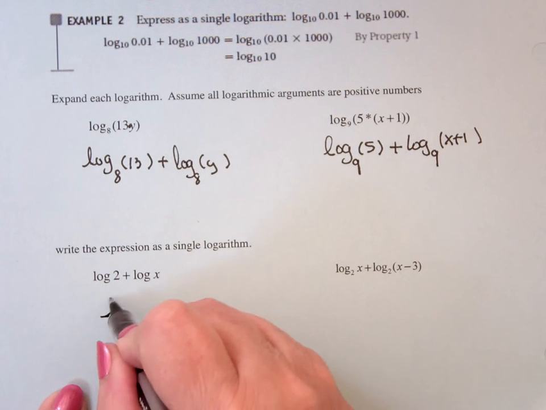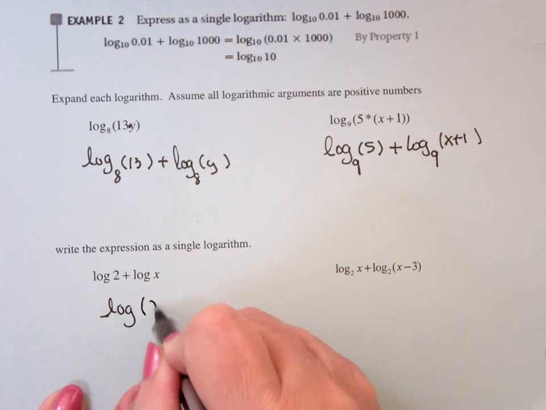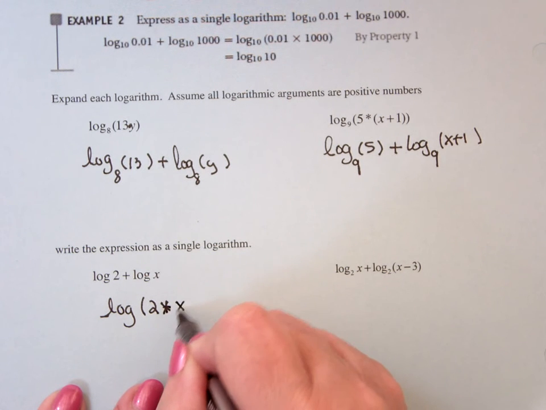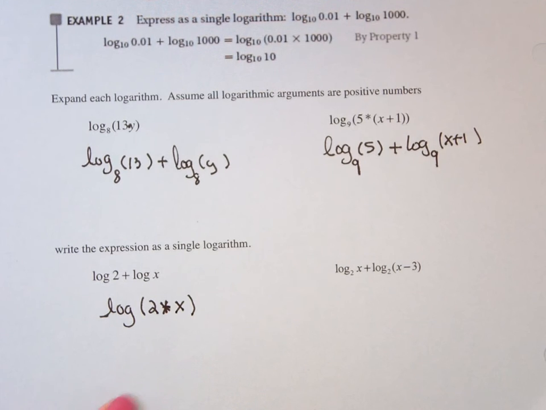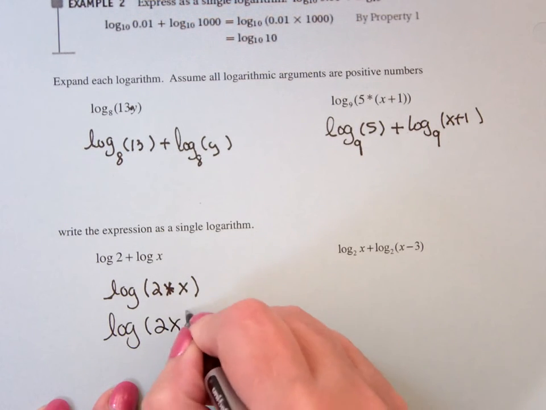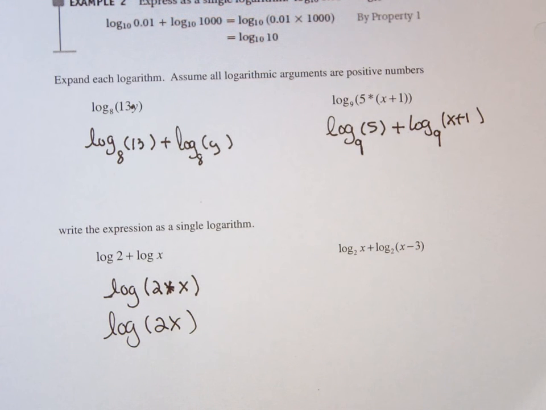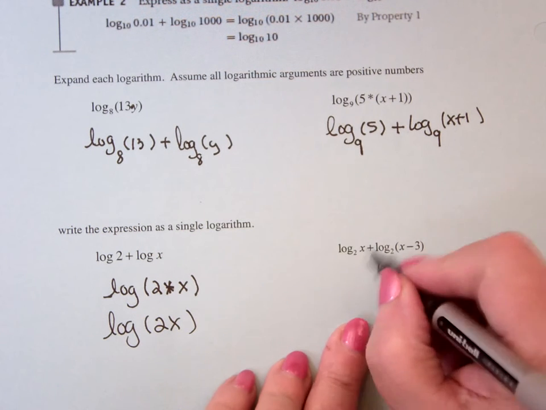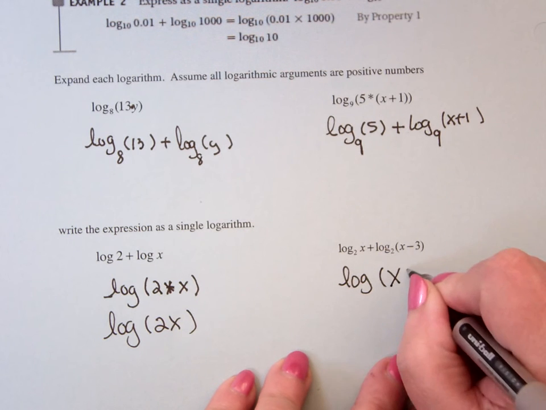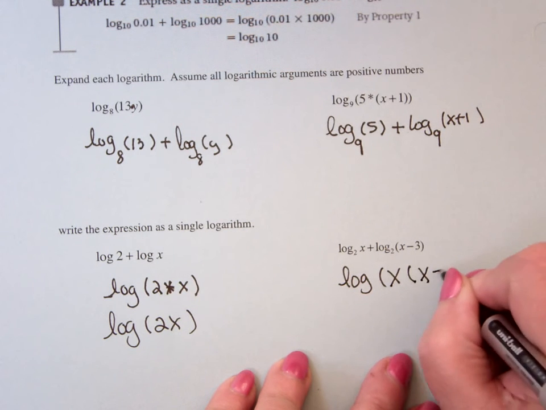This would turn into the log of the first argument multiplied times the second argument. We normally just would write it as the log of 2 times x. I don't care how you write it. Sum turns into a product. This is the log of the first argument times the second argument.